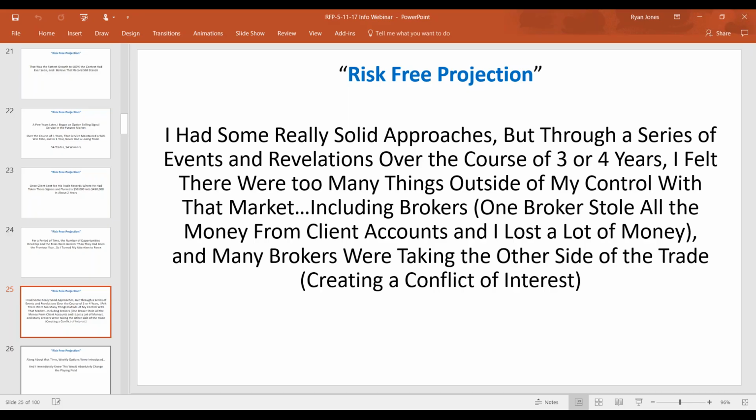I did go ahead and open up another account somewhere else, and I almost opened up another account where just a few months later, that broker ended up being investigated by the FBI and ended up stealing client accounts.